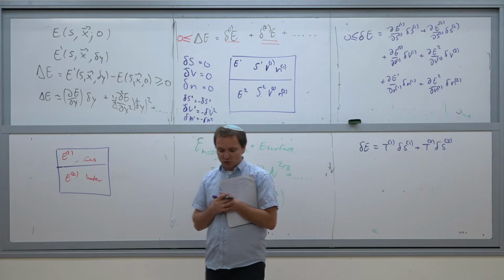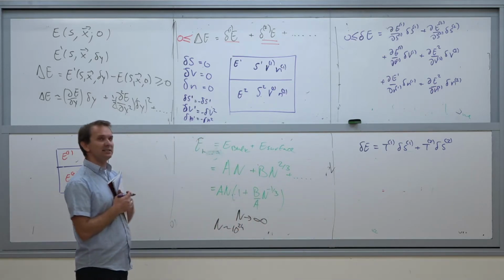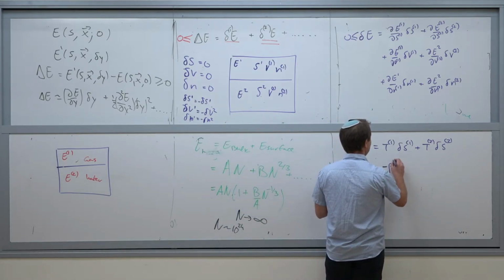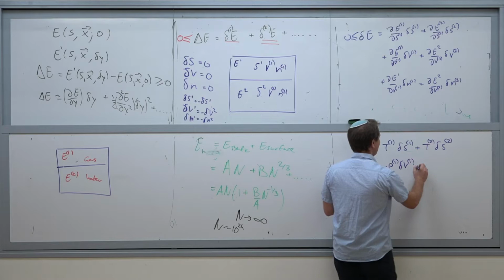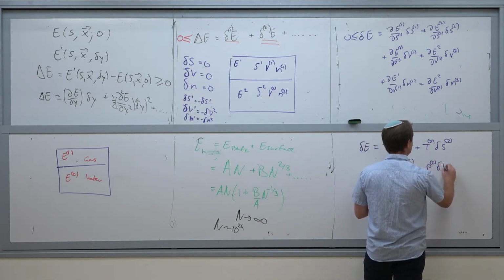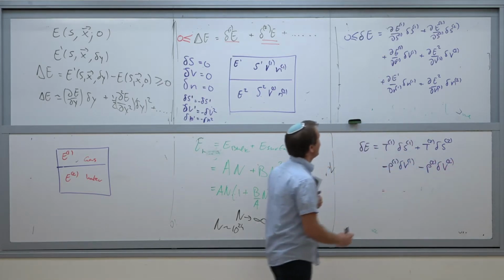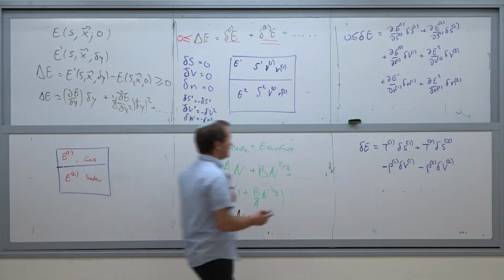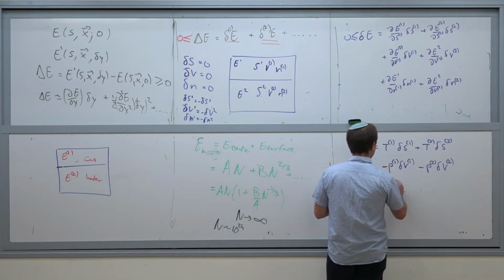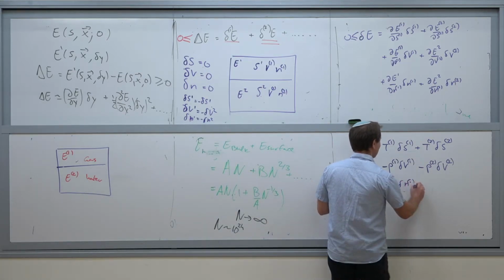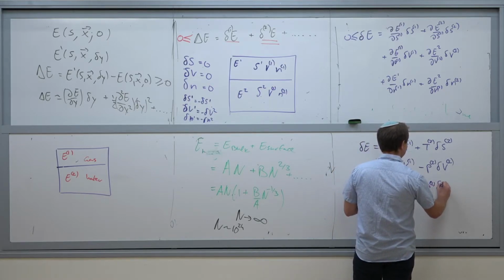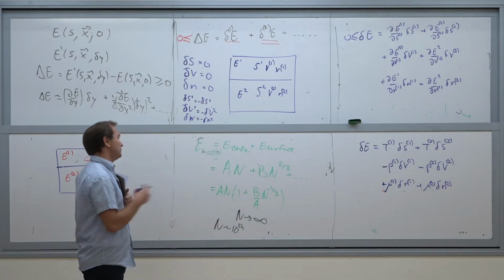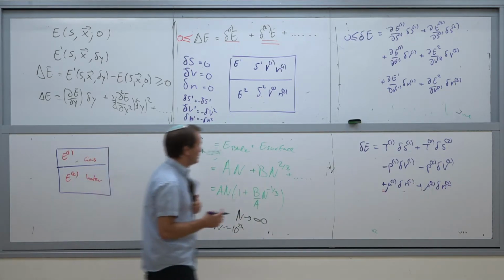Remember, what is the differential of energy? It is TdS minus PdV. So dE/dV is minus P. Minus P1 delta V1 minus P2 delta V2. Okay. And the third guy, what is dE/dN? It is mu, the chemical potential. So I have here plus mu1 delta N1 plus mu2 delta N2. Okay. Think about it as a first order Taylor expansion.